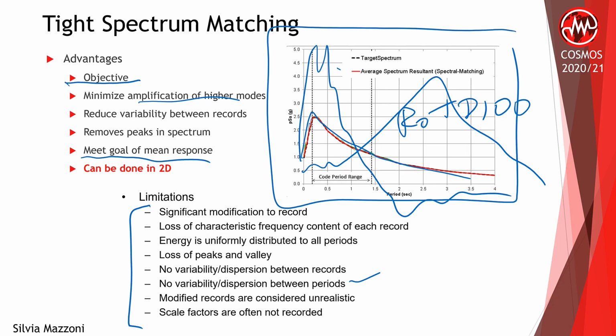There's no variability or dispersion between periods and between records, and if you look at your modified records, they can appear unrealistic. And scale factors kind of go out the window. The concept of scale factor goes out the window because you do directly your matching. So this is the method that is used when you're doing tight spectral matching.